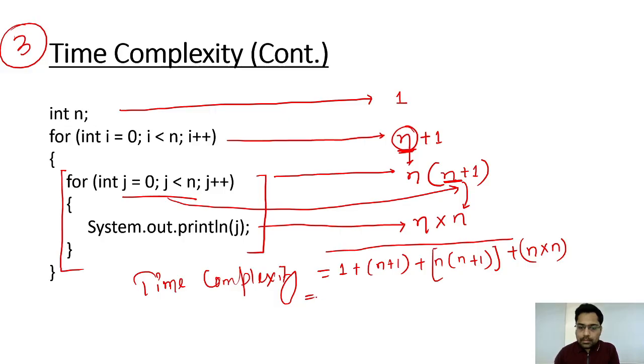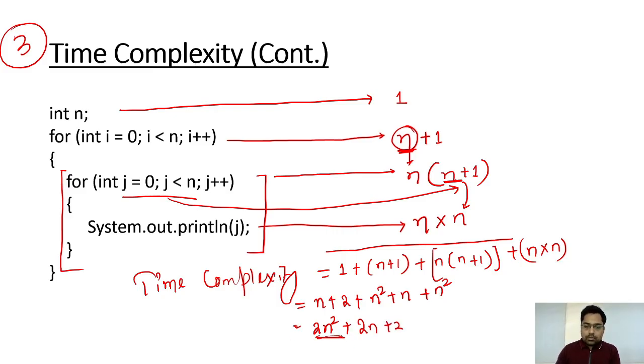So overall it will be n plus 2 plus n square plus n plus n square, where you get 2n square plus 2n plus 2. Okay, you are getting this.